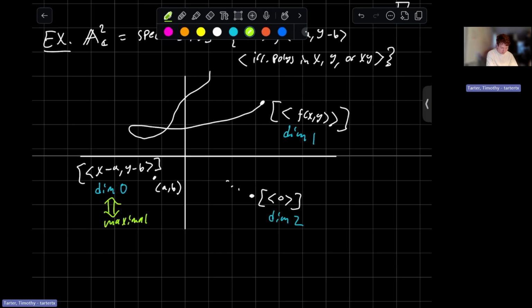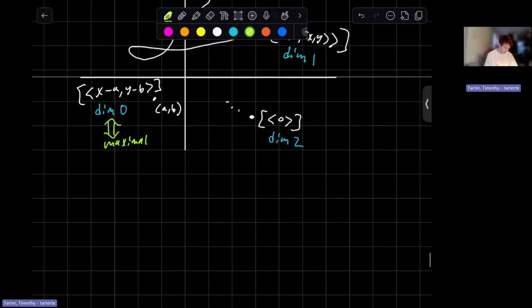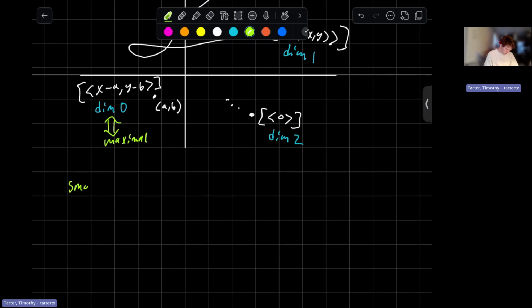Smaller ideals correspond to bigger points. So smaller ideal equals bigger point, and vice versa. All this is made precise with the Zariski topology in a way that we talked about in Hartshorne.